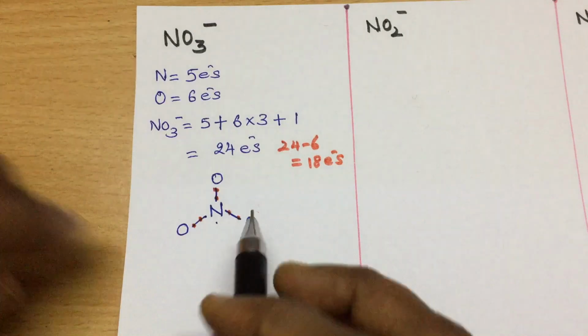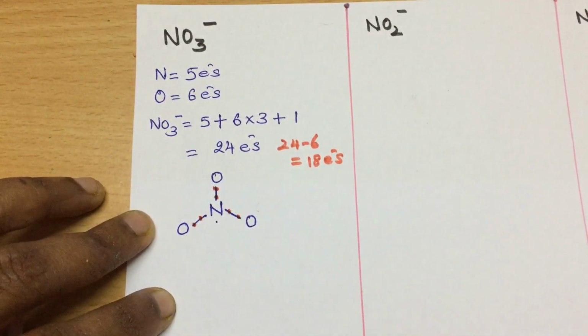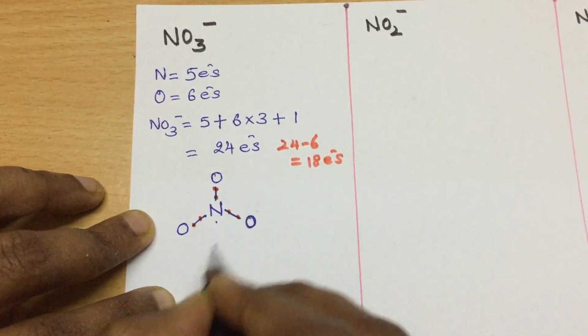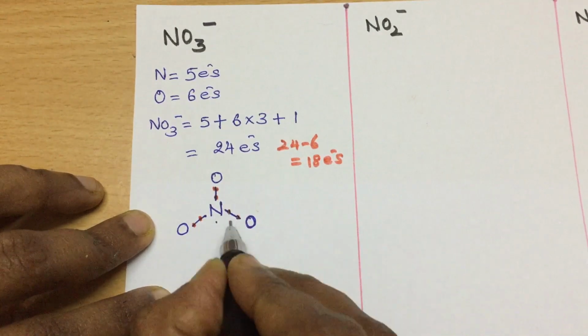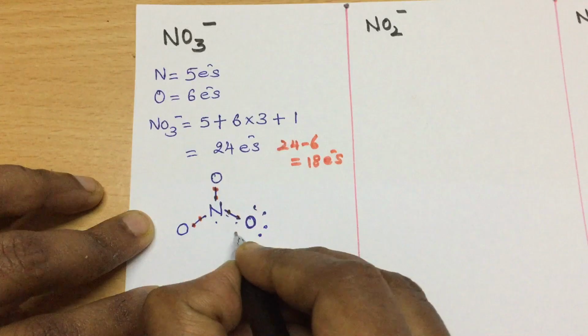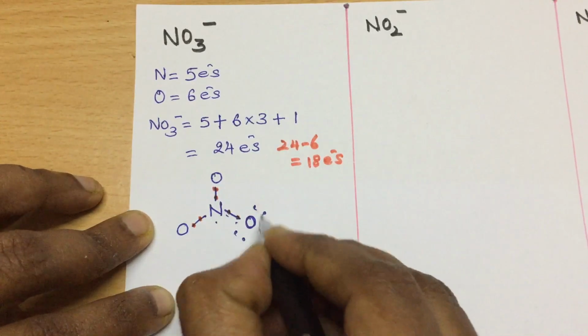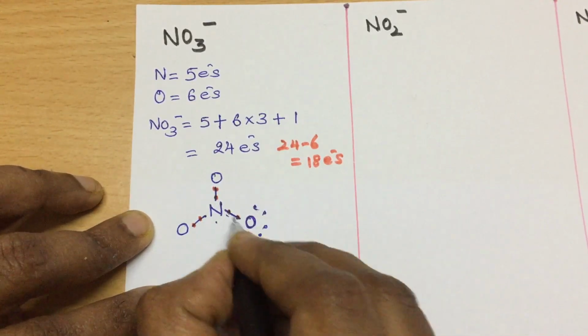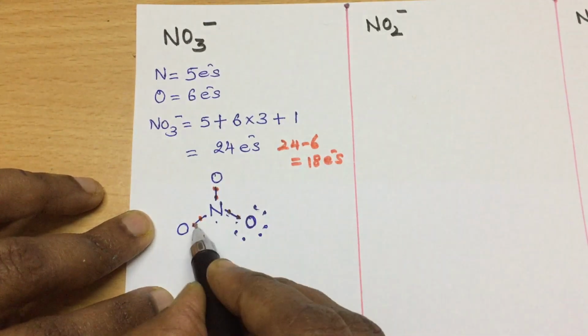How can we arrange them? We have to fill the octet for the side atoms first. Each oxygen must have an octet.